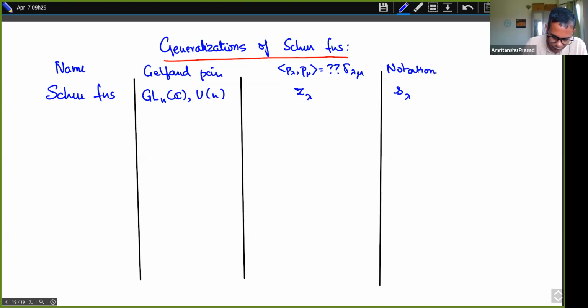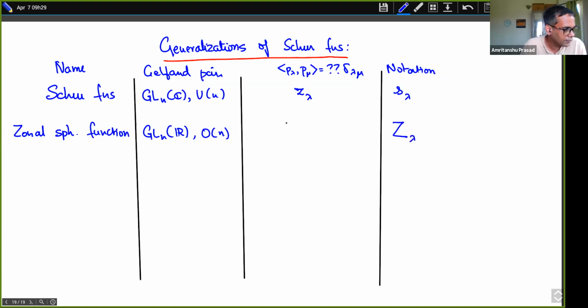Now there are various deformations of these things. Then there are the zonal spherical functions that come from GL_N(R), the Gelfand pair GL_N(R), U_N. These are denoted by capital Z lambda.